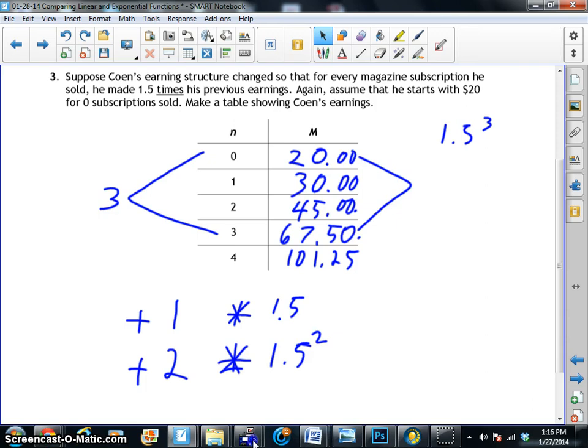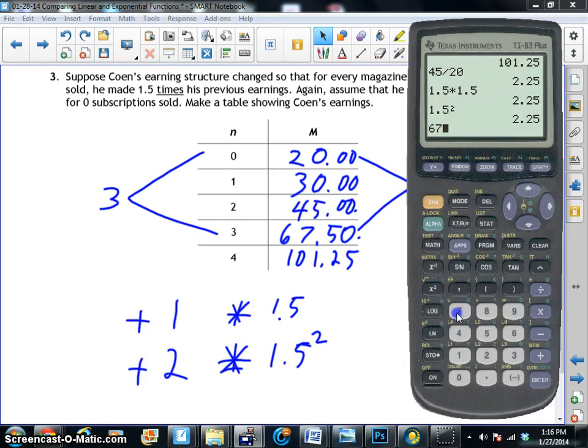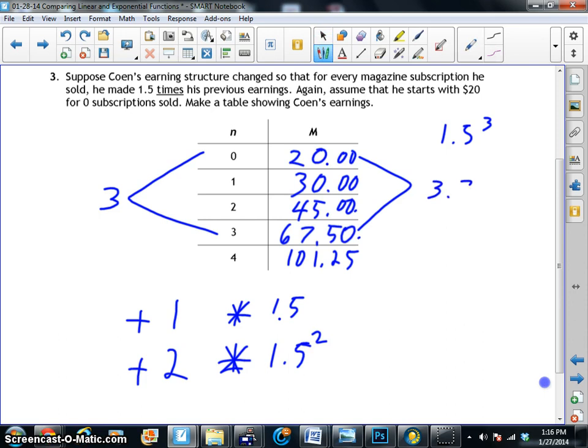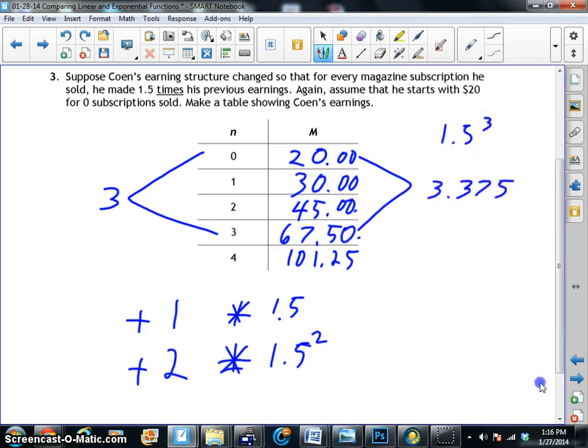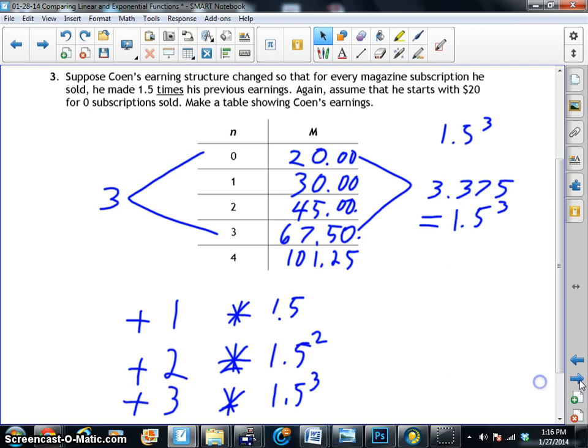To find that out, we just take 67.50 divided by 20. And that's 3.375. Let's check this real quick: 1.5 to the third power is 3.375. So this is equivalent to 1.5 to the third power. So if we're doing the add multiply rule, this is adding 3, multiplying by 1.5 to the third power. And that's what we got right here.